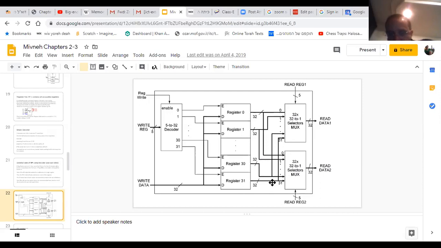And there's all 32 lines. So I'm going to have 32 lines coming into here, and another 32 in here, and another 32. I'm going to have 32 times 32 lines coming in over here. What's going to go out on this single 32 lines here? Of those 32, I'm going to choose 1 based on the 5 bits that come in over here.